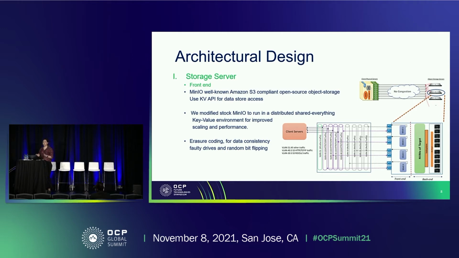One is the front end, where we are using MinIO, an Amazon S3 compliant open source object storage server that provides the KV API for data store access. We modified it to be consistent and in sync with our stack, and we are using erasure coding for data consistency.